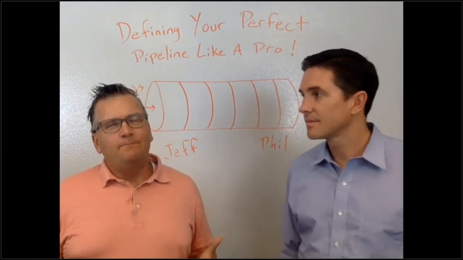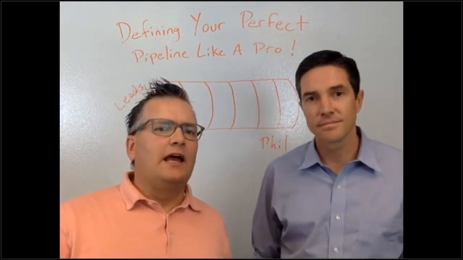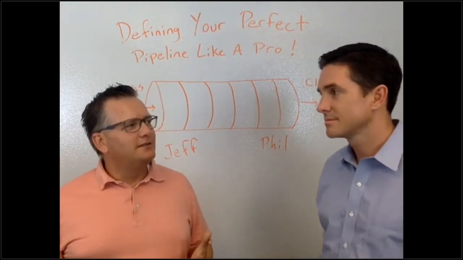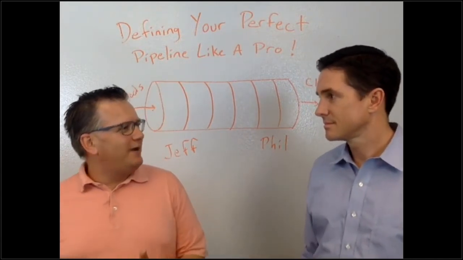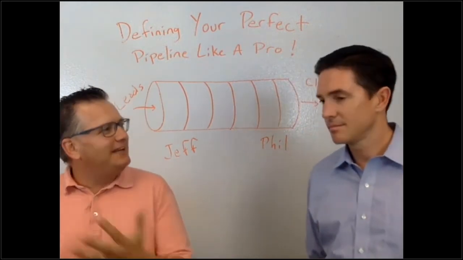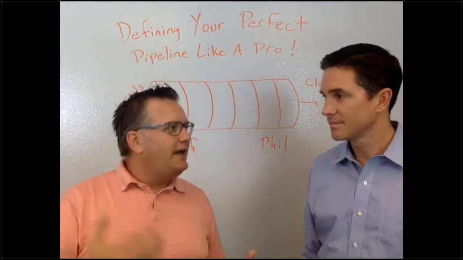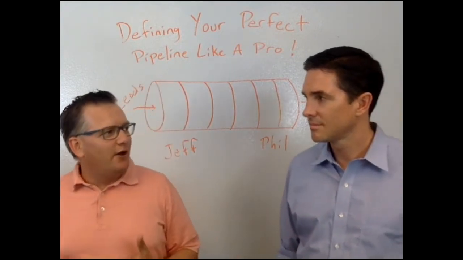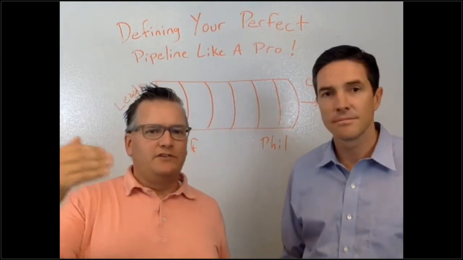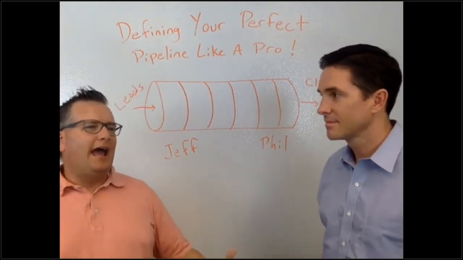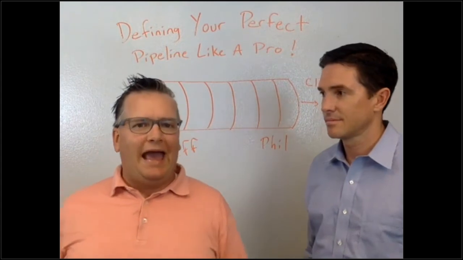In running a team, I realized that a lot of the agents that come to us aren't used to using CRM, and that's how they ended up being a part of a team, because they were unable to track the data themselves. So that does put a little more of a challenge on the usage side, because they come to you not having used it as much in the past.